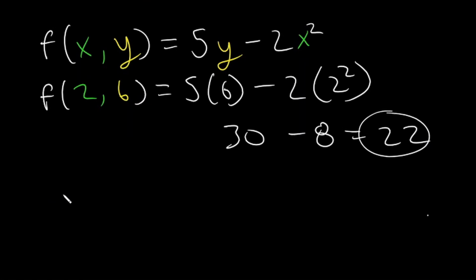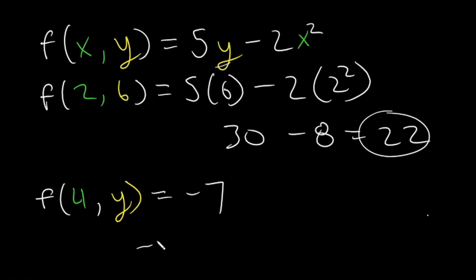What if we are only given one of the variables and the final output? So we have f of 4 comma y, and we know this is equal to negative 7. Let's use this same expression here, and we just plug in the things we know, which is 4 and negative 7.